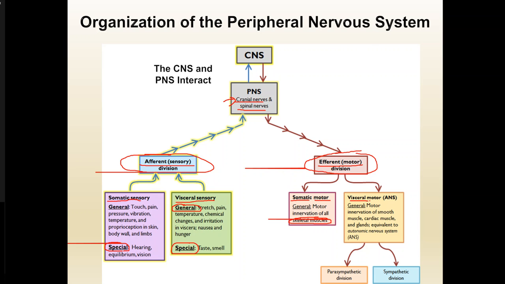The visceral motor, which is also recognized as autonomic nervous system, which is acronymized as ANS. Remember, this one we already kind of touched on it as well. It can also be subdivided. It's really a system that we recognize there. We can subdivide it in parasympathetic and sympathetic, which we kind of already also touched on.